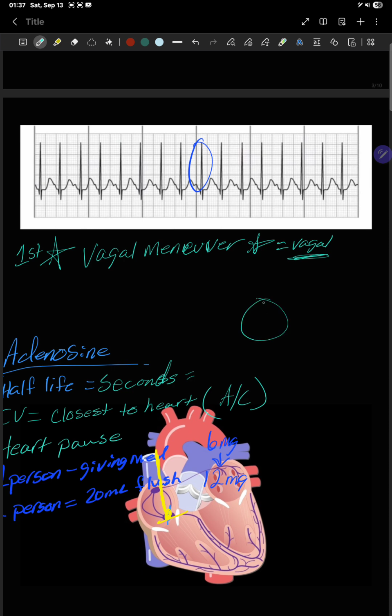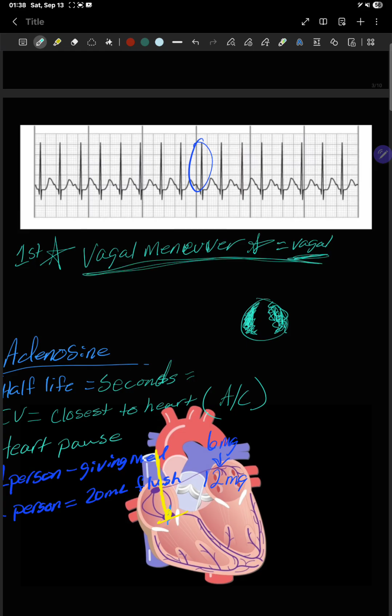If we get an old lady and she's got nice and plaqued carotids, because we didn't listen for a bruit on this patient, and we go over there and massage that, we could break one of these off the side and send it into the bloodstream. And now we caused our patient pulmonary embolism, stroke, all these things. So a carotid massage is not really recommended for this person. But that is something else you could do.